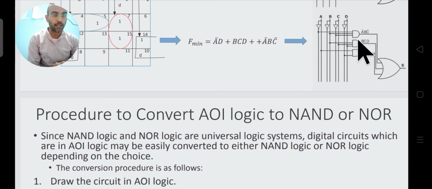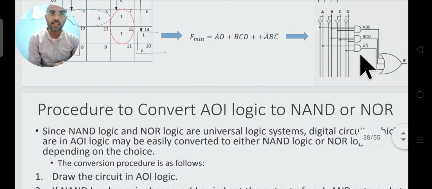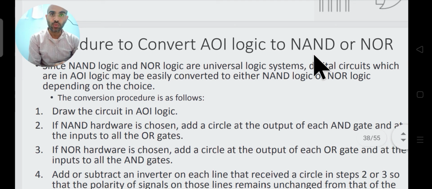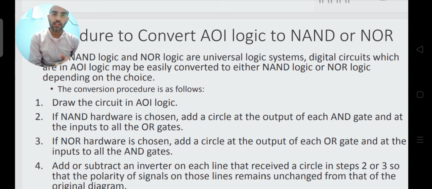So that is what I was telling. This bubbled AND, or inverted-input AND, is equal to the NOR gate. The logic is, wherever we have to change the circuit, we put two bubbles on the input side.